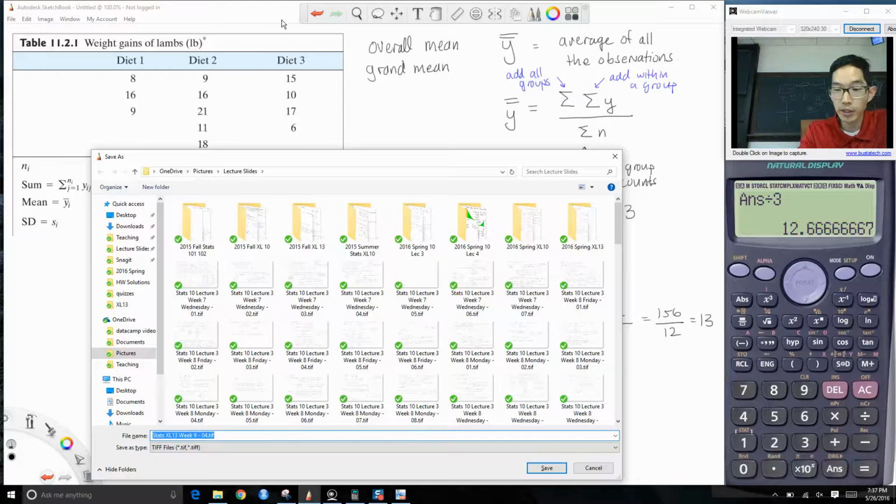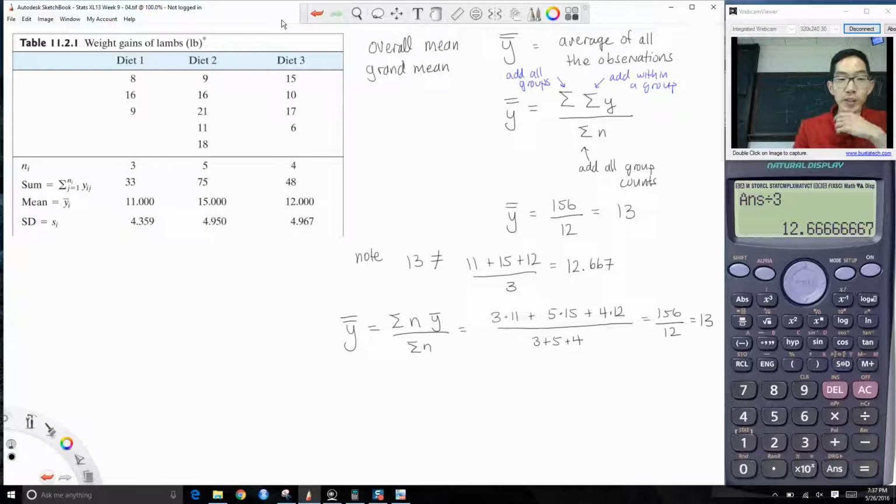Okay, so with ANOVA, we call it the analysis of variance, and the reason why is we think of the total variance that is present within our data, and we're going to try to split it out into 2 parts.